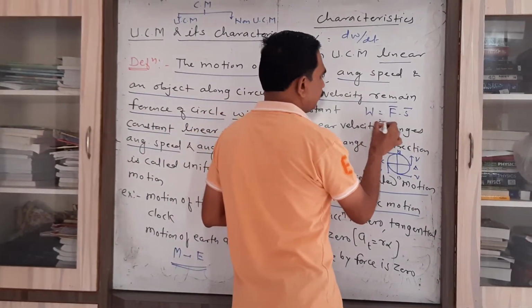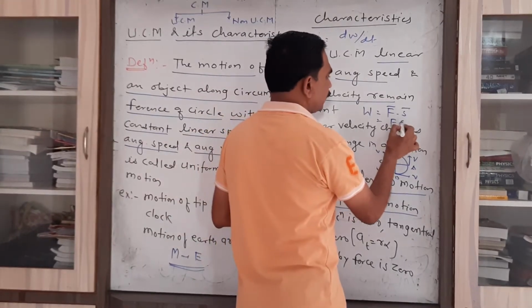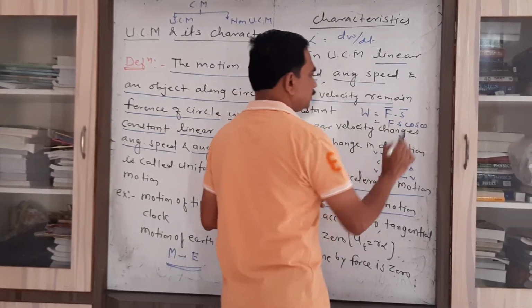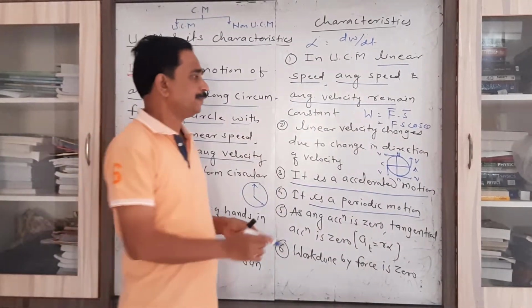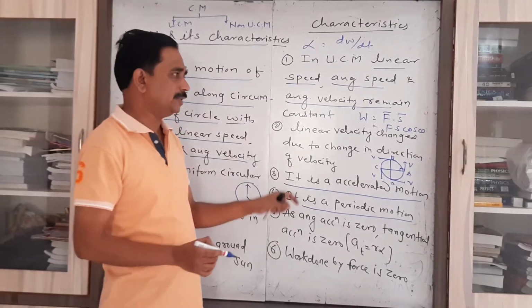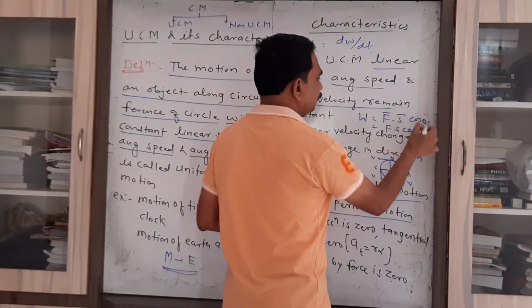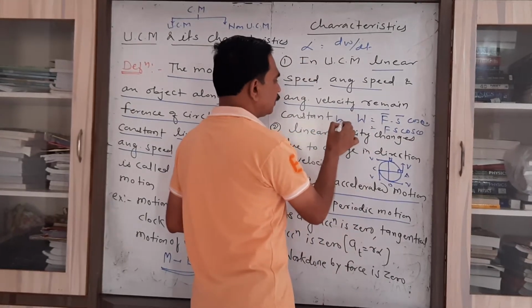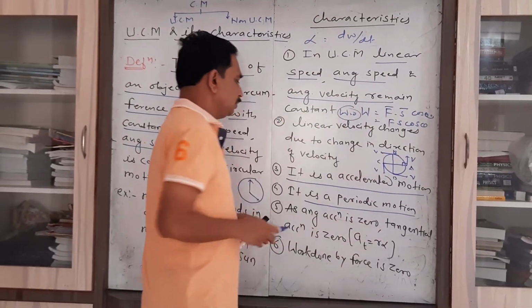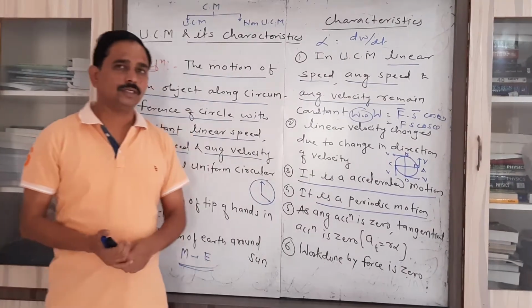If we use the property of scalar product of two vectors, we can write W = F S cos theta. As the angle between force and displacement is always 90 degrees, and as cos 90 equals 0, this complete work done is equal to 0. So that's why I write here work done by the force is 0.